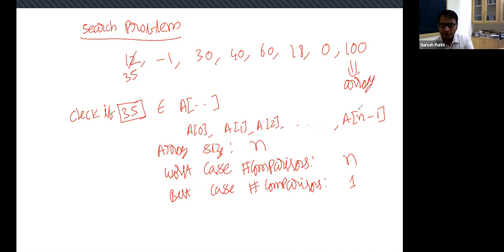As it is, if there is no structure to this list, is there an algorithmic approach to improve the worst case? If there is no structure in the array, if the elements are not ordered in some fashion, then it's not possible for us to do better than this.